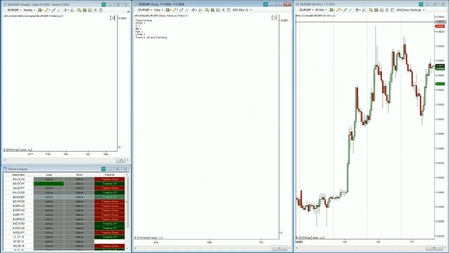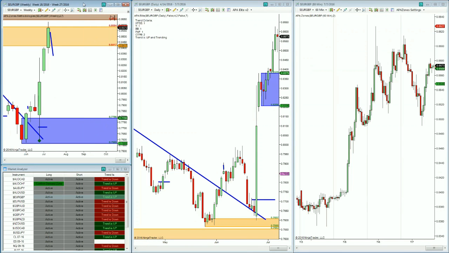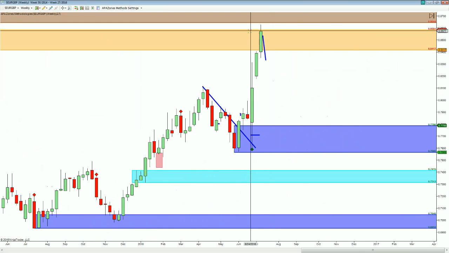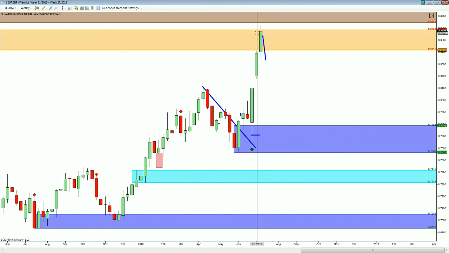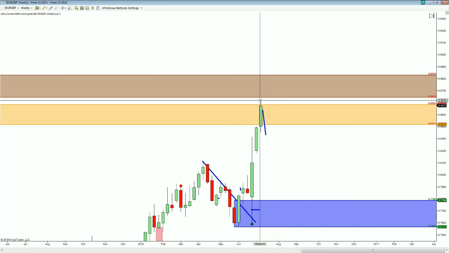The other thing to also note about this is on the weekly, we have beaten the weekly zone. All right, we've beaten that yellow weekly level. And because we've beaten the yellow weekly zone, we're no longer going to look for that area to act as resistance, but we're looking for it to flip-flop to support.